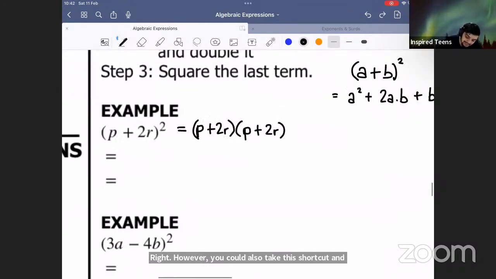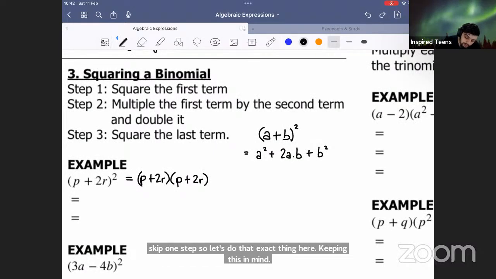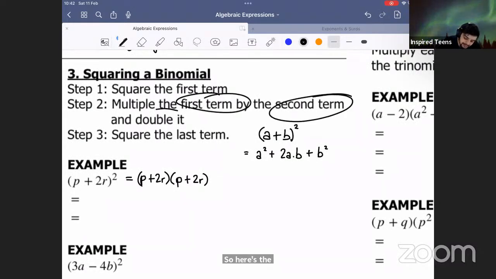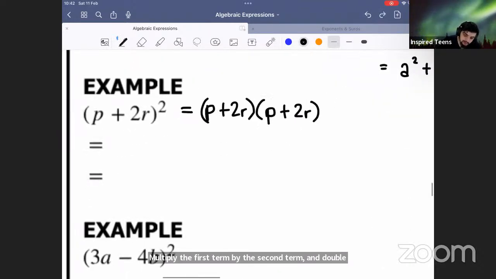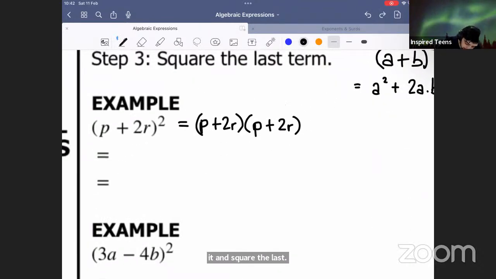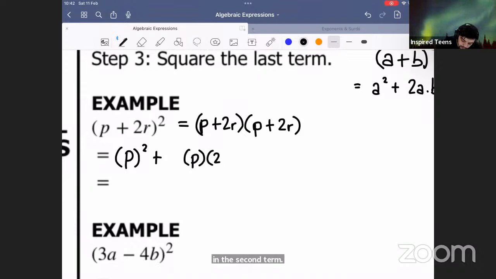So let's do that exact thing here, keeping this in mind. So here's the explanation. Square the first term, multiply the first term by the second term and double it, and square the last term. So let's follow that step. Square the first term. I get p squared. Okay, let's do it in brackets. Multiply the first term and the second term. So p and positive 2r and double it. So I say 2 times that. Okay.